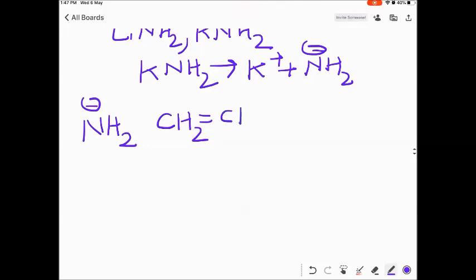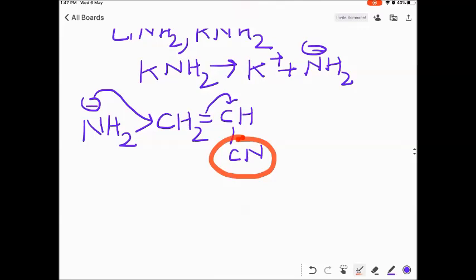Let us take the case of acrylonitrile as an example. So NH2 negative attacks at one of the carbons and negative charge is on the carbon which is attached to the cyano group, because it will stabilize the negative charge by delocalization.